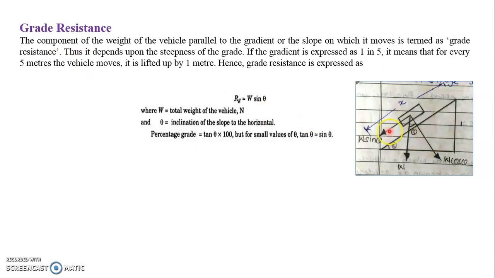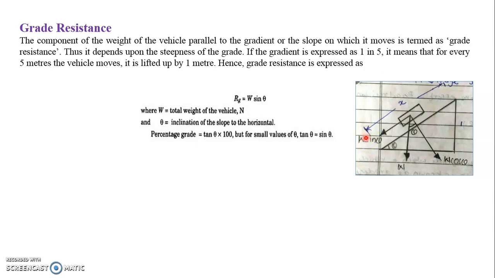So there are two components: one is W sin theta, the other is W cos theta. The W sin theta, which is parallel to the slope, is termed the grade resistance.